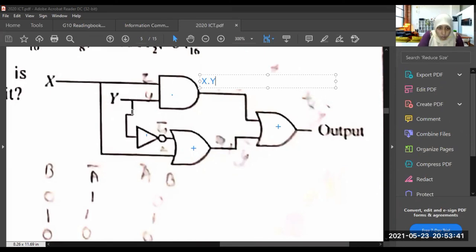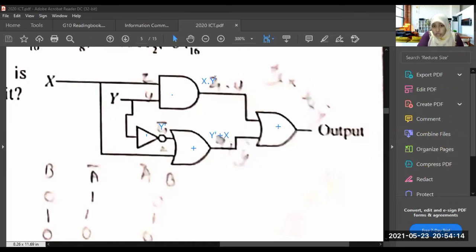Again a Y is going, and when it goes through this gate, it becomes Y bar. This Y bar is coming here, so Y bar. What is the symbol? Plus. Then X is going. Done.